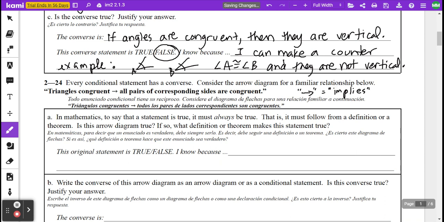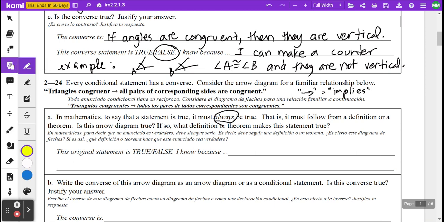In math, to say that a statement is true means that it has to always be true. That's really important. That means that it has to follow from a definition or a theorem. Is this arrow diagram true?